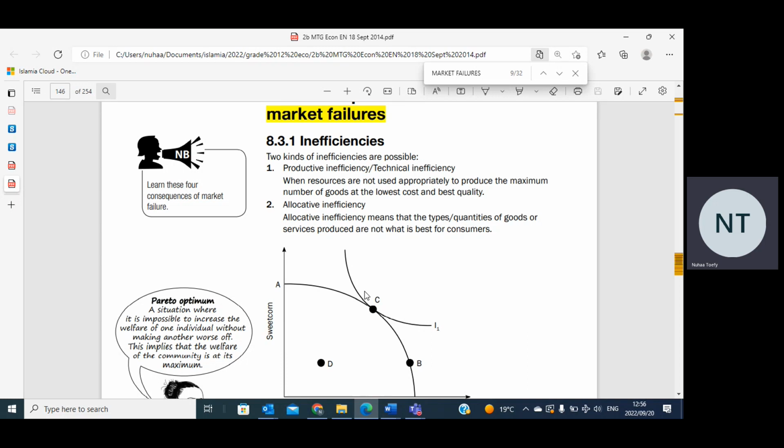You will remember that we have the productive inefficiency and the allocative inefficiency, which we also call the Pareto inefficiency. So what is the productive inefficiency? That is where you fail to make the maximum amount of goods and services at the lowest cost possible, with the resources that you are given.